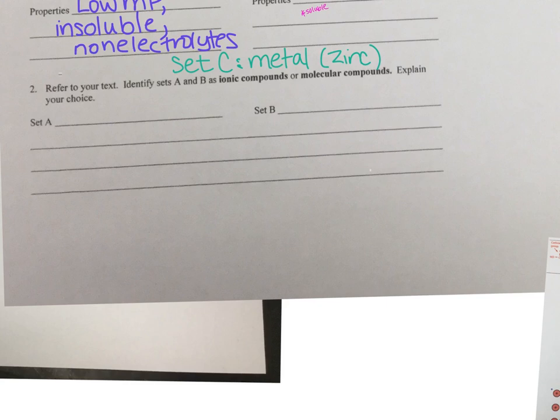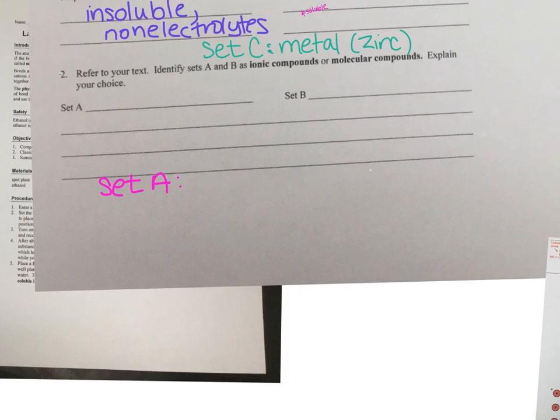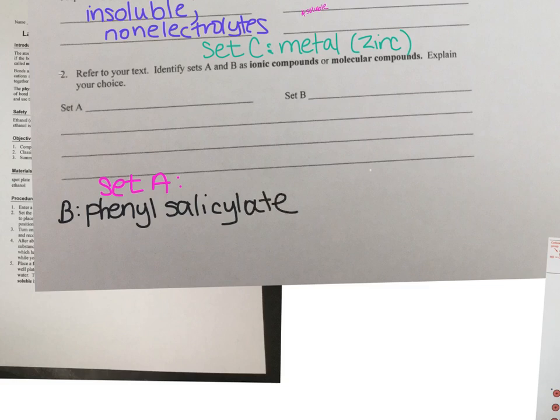So for set A, remember you have three things that you're writing underneath this, so just be mindful of how big you're writing. Okay. Letter B was phenyl salicylate. Okay.